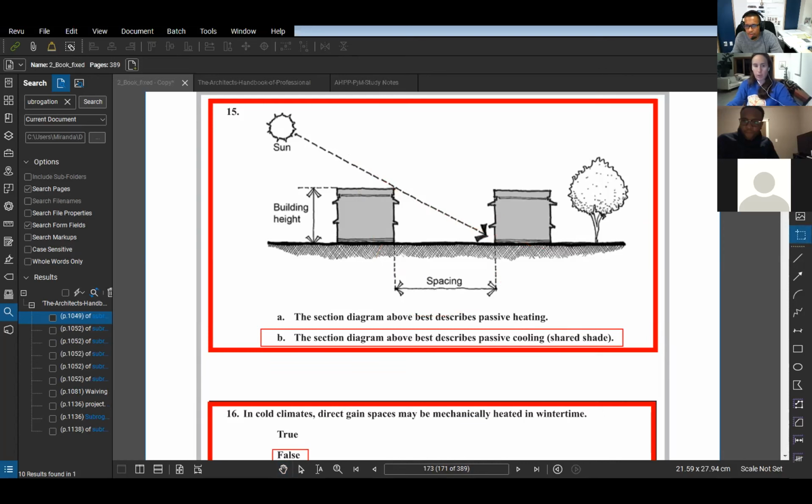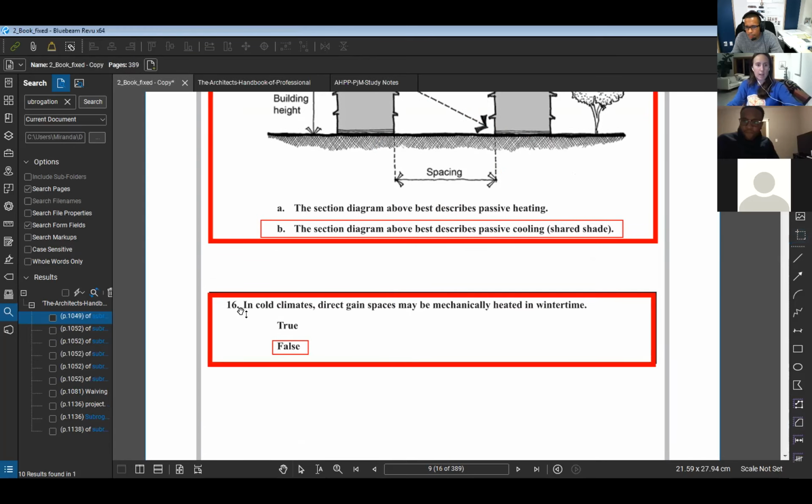Okay, next. In cold climates, direct gain spaces may be mechanically heated in wintertime. Why did you answer false?